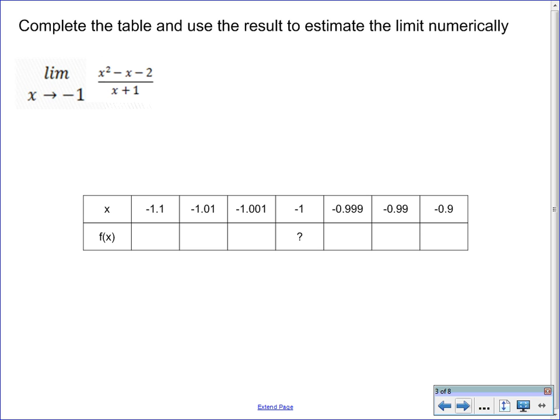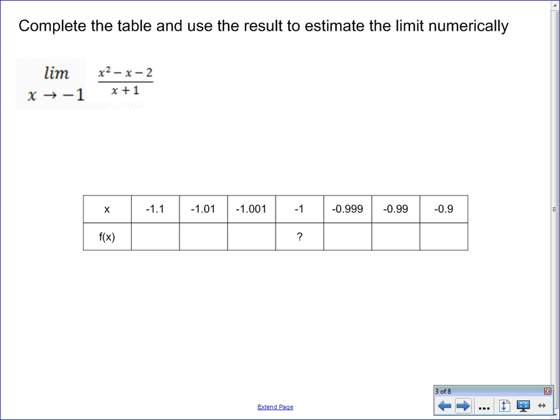First of all, we're looking at the limit as x approaches -1. So here I have my -1. These numbers over here, -1.1, -1.01, -1.001, are getting closer to our C value from which side? These values are getting closer to our C value from the left.